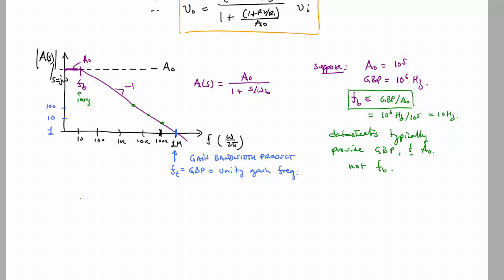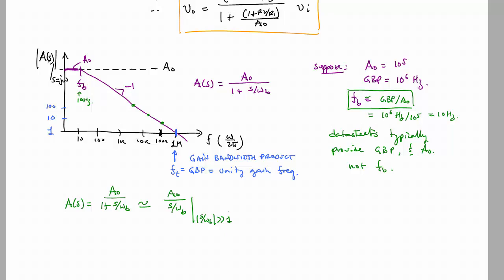Okay, now notice also that when we say A of S is equal to A0 over 1 plus S over omega B, this is approximately equal to A0 over S over omega B for S over omega B being much greater than 1.